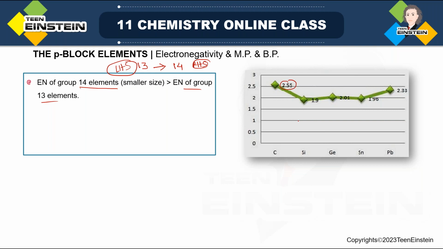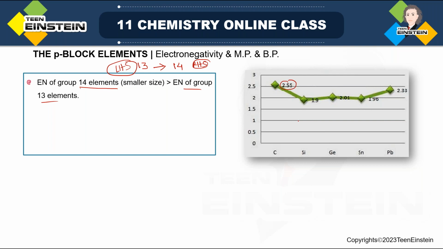But there may be a discrepancy. The main reason is the poor shielding effect of d and f electrons. This is the main reason for which the atomic size variation is not as expected. Because of that, the ionization energy variation is not according to our expectation, so it will also affect the electronegativity variation down the group.